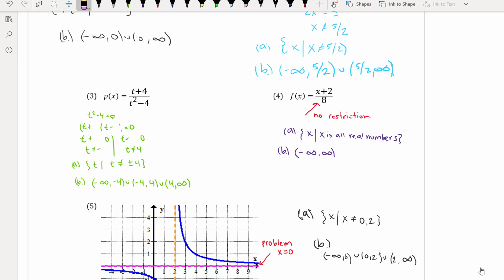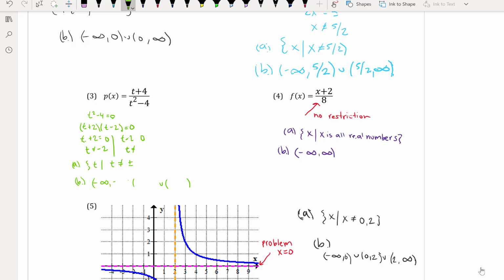So this is perfect in checking my work, because now I know that I have a couple of things that are wrong. The square root of 4 is 2. So it should be t plus 2, t minus 2. So t plus 2 is equal to 0. So t cannot equal negative 2.